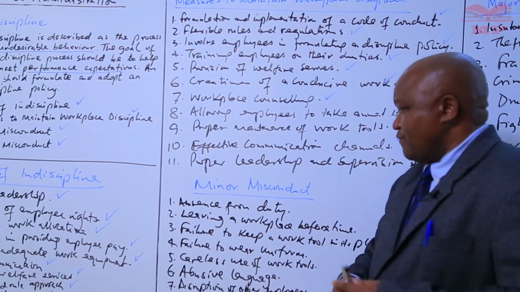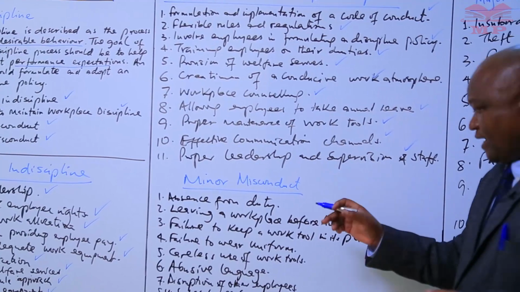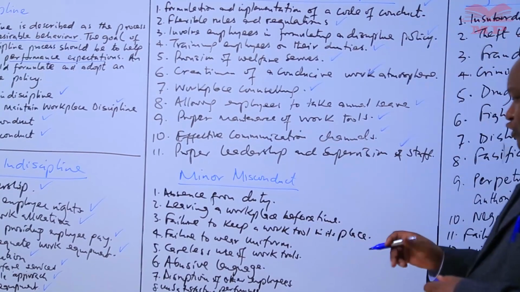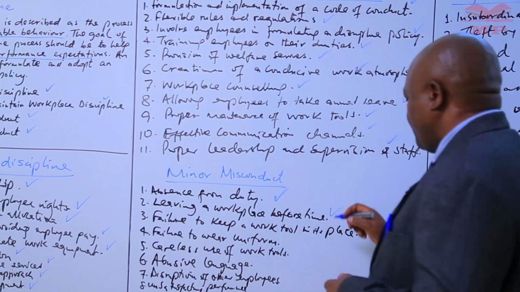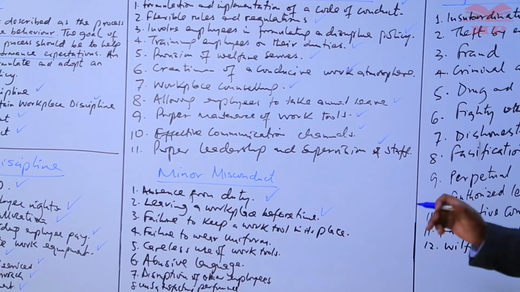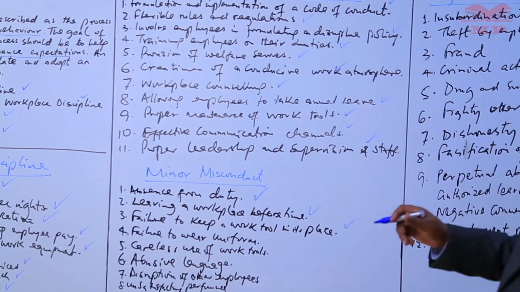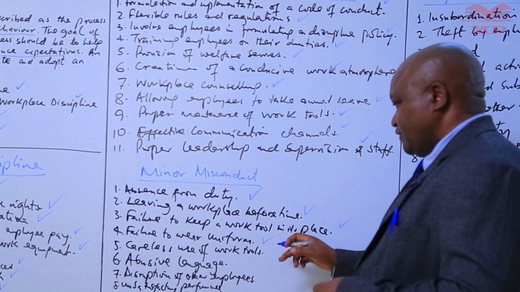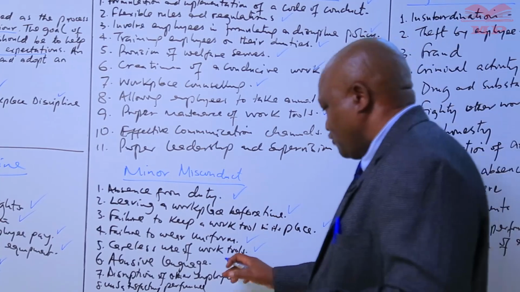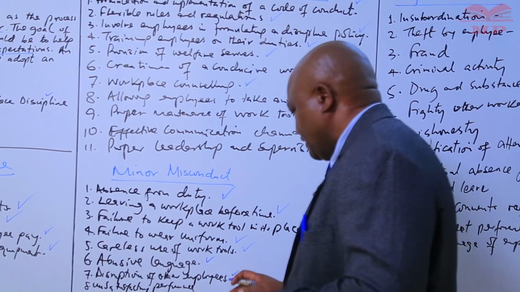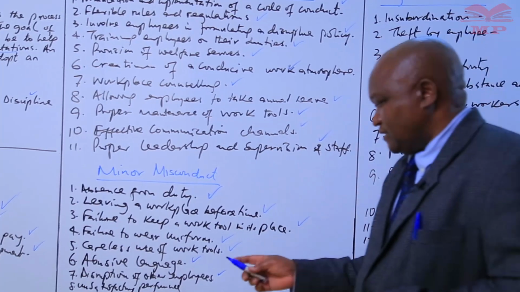Now, what are some of the examples of minor misconduct? So here we indicated that: 1, absence from duty; 2, leaving a workplace before time; 3, failure to keep work tools in their places; 4, failure to wear uniform; 5, careless use of work tools; 6, abusive language; 7, disruption of other employees; and 8, unsatisfactory performance.